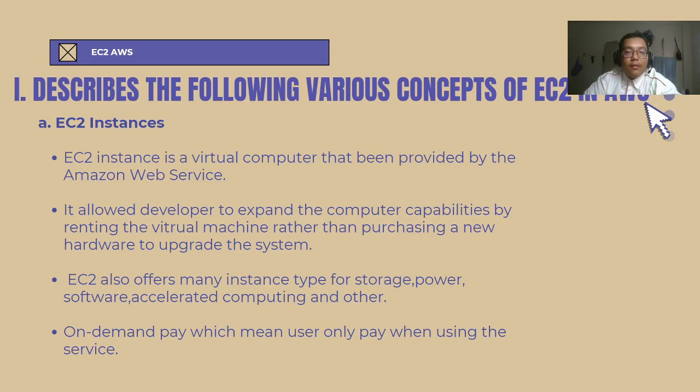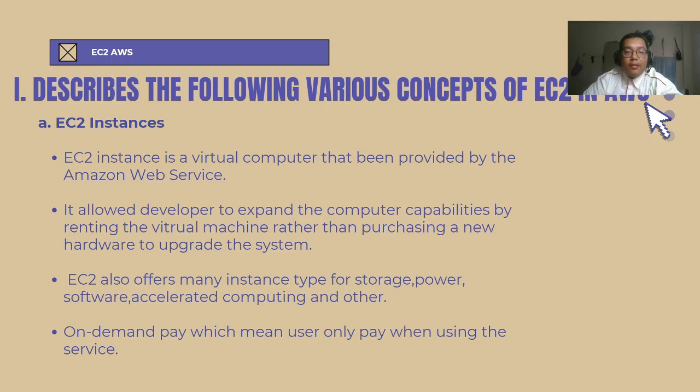EC2 instance is a virtual computer that is provided by Amazon Web Services. It allows developers to expand the computer capability by renting a virtual machine rather than purchasing new hardware to upgrade the system.